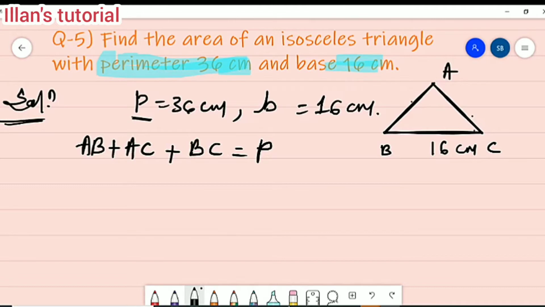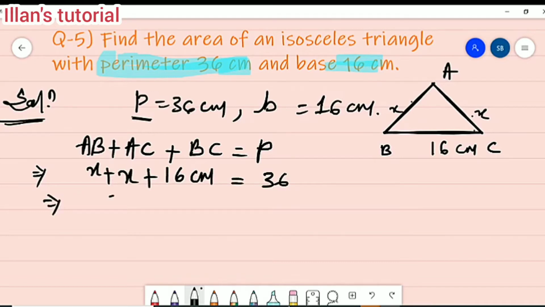Suppose AB is x, so AC will be x. So here I'll put x plus x plus 16 centimeter equals 36 centimeter. So here we'll get 2x equals 36 minus 16, which is equal to 20.